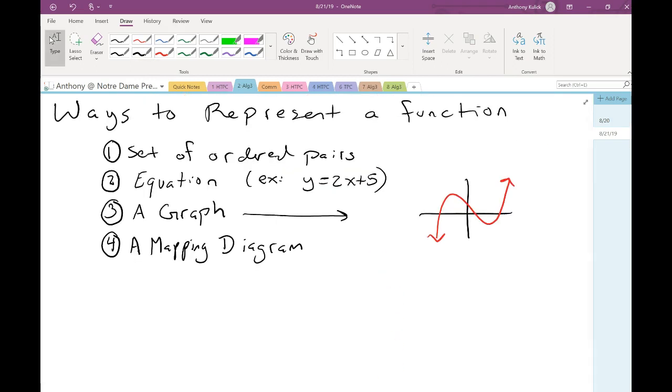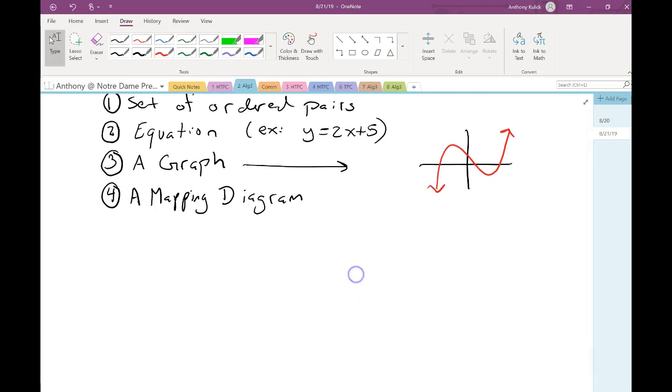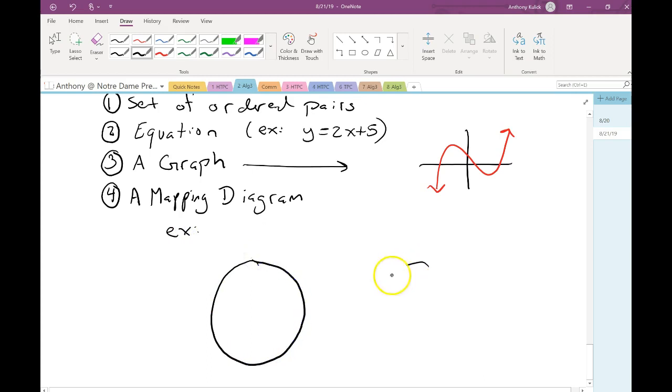The one that we probably don't really have any idea what I'm talking about is a mapping diagram. So let's give an example of what that is. So a mapping diagram, we usually draw two circles or ovals here.